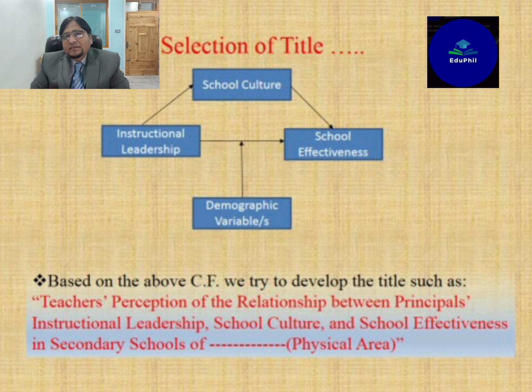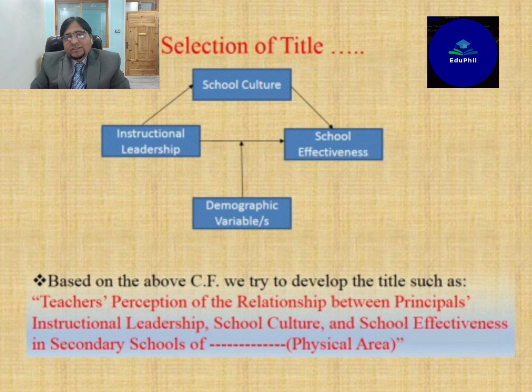So I have selected the school culture as an internal factor, as a mediator for the relationship between instructional leadership and school effectiveness in this model, which makes a triangular endogenous model, as you have seen in the previous slides.